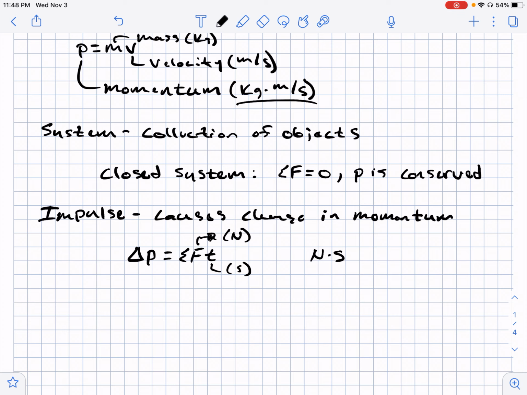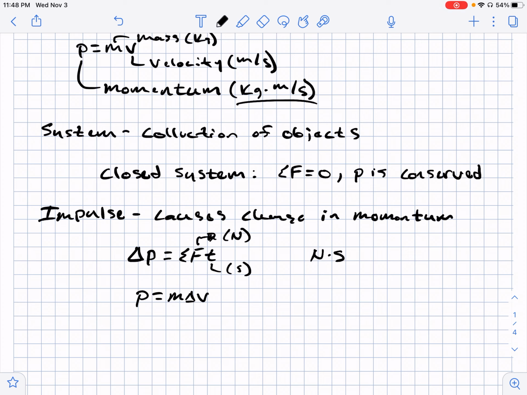Now, if I'm talking about a change in momentum for one object, then my P would equal the mass of that one object, and what's changing is the velocity. So for an object whose momentum is changing, we would have this equation here, m delta v.